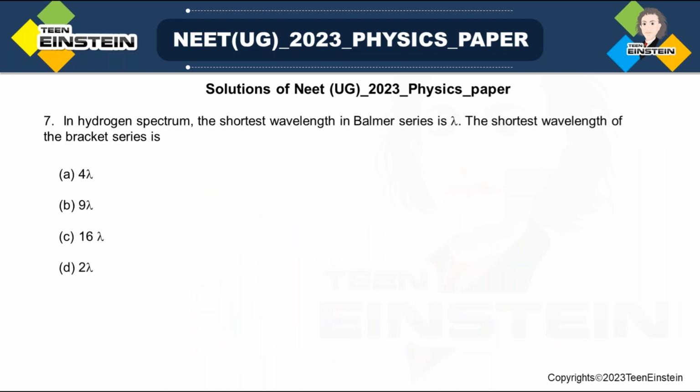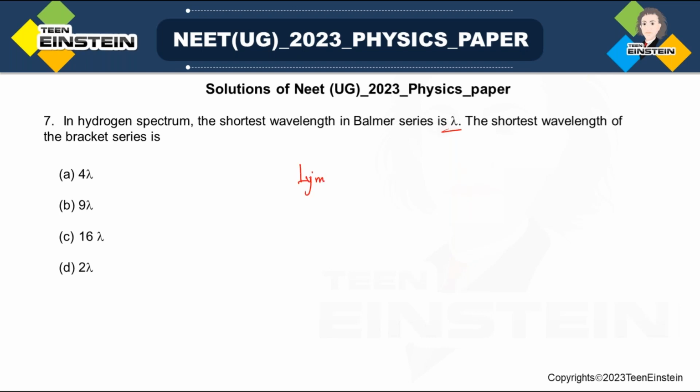Now we'll go to the next problem. What is this problem saying? This problem says that in the hydrogen spectrum, the shortest wavelength in the Balmer series is lambda. See, in the hydrogen spectrum, how many series do we have?